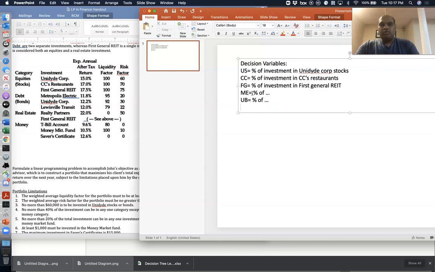Similarly, you'll have Louisville Transit, Realty Partners. We don't have to do First General REIT again because it's the same investment. Then you have a T-bill account, a money market fund, and a saver certificate. Again, I'm using two letters for all of these, which makes our life easier.